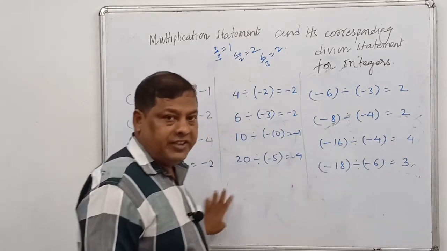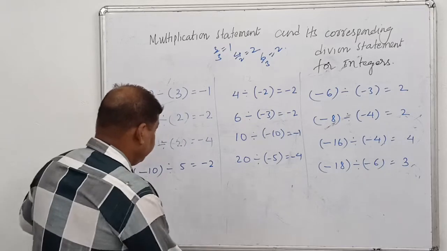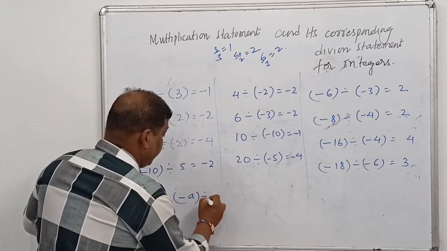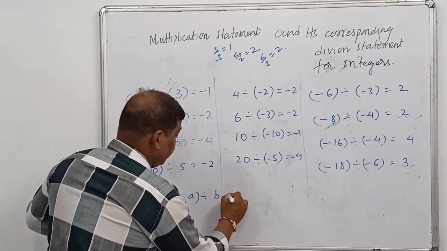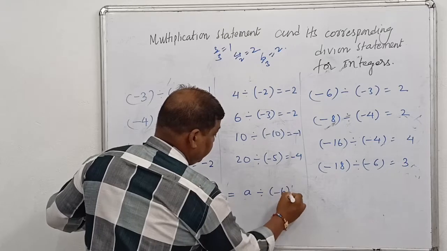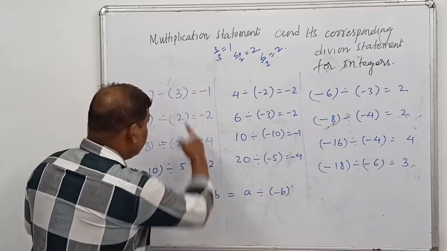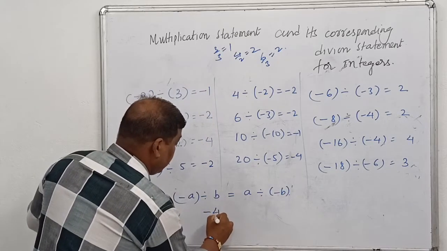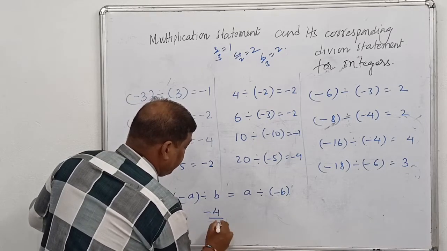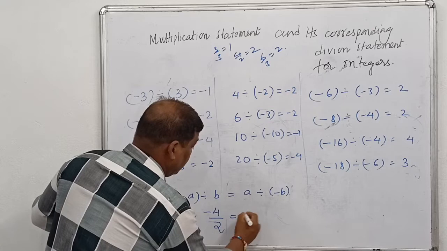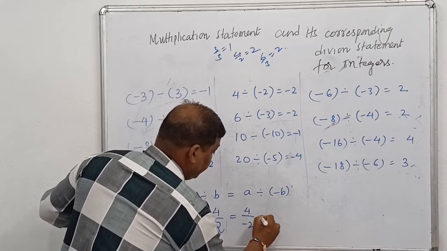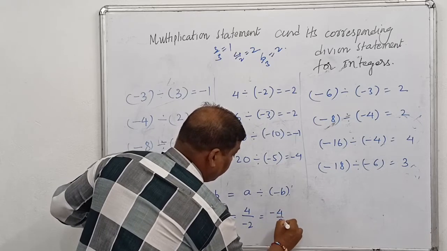So in general we can write minus a divided by b is equal to a divided by minus b. That means minus 4 by 2 is equal to 4 by minus 2, that is minus 4 by 2.